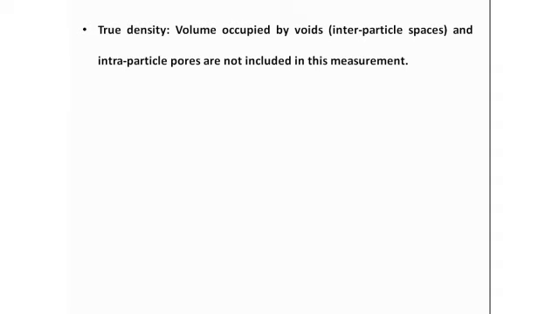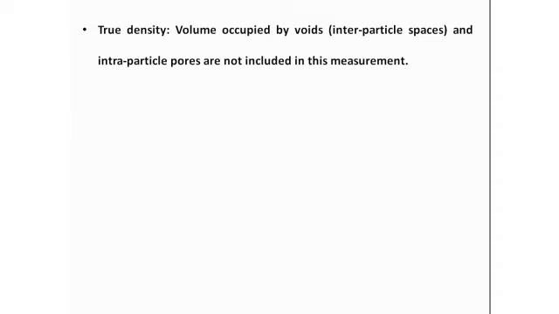So you see, the true density is actually defined as the volume that is occupied by the voids. Now we have two types of voids. Number one, the interparticle spaces, the spaces between the particles, and number two, the intraparticle pores, or you can say spaces.